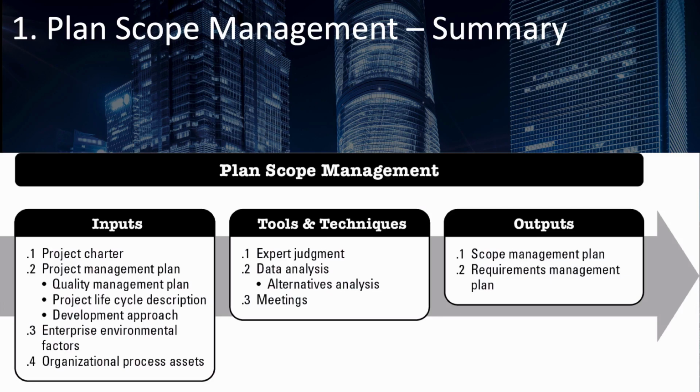Plus, as you iterate through and work on these plans and revisit them later, the project management plan will have some components that will be useful inputs. And as always, there are enterprise environmental factors and organizational process assets to consider, including your company culture, templates that you can use for your management plans, and lessons learned in your lessons learned repositories.